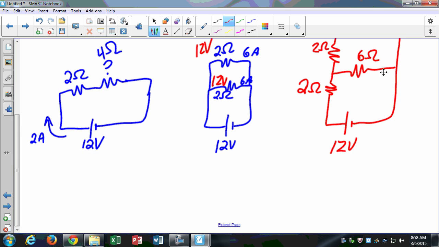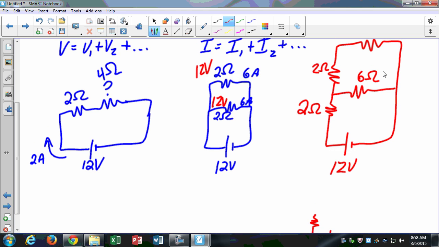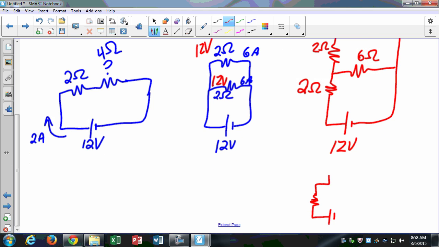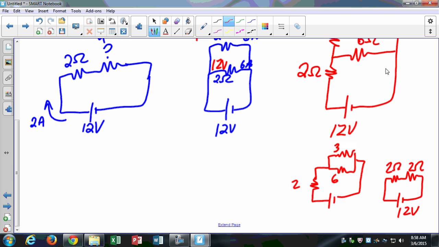So if I simplify this circuit, I have 2 ohms, three ohms, six ohms, and so that's a 2 and a 2, 12 volts.